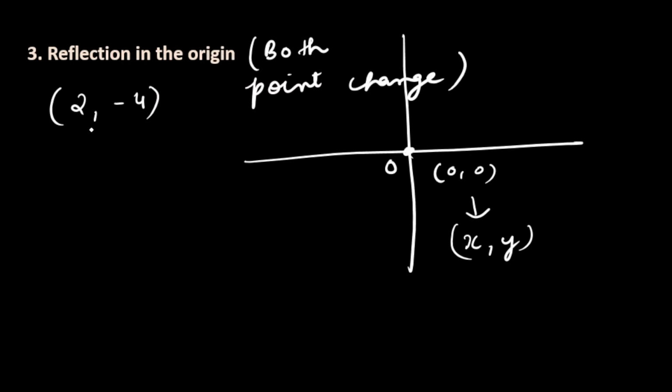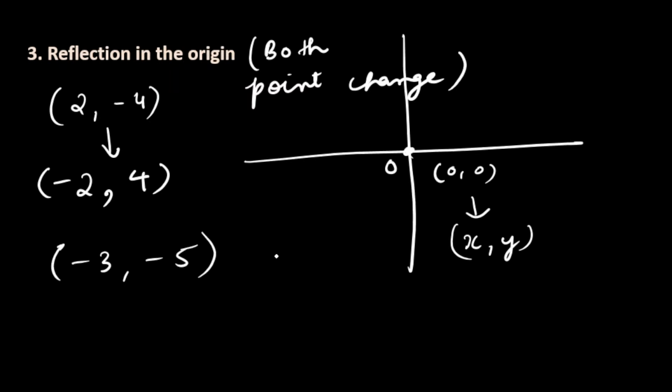Basically the sign of both the points changes. So 2 will change to minus 2, minus 4 will change to 4. So if reflection is happening in the origin, both signs will change. If I have any other point like this, and its reflection is happening through the origin, both will change.